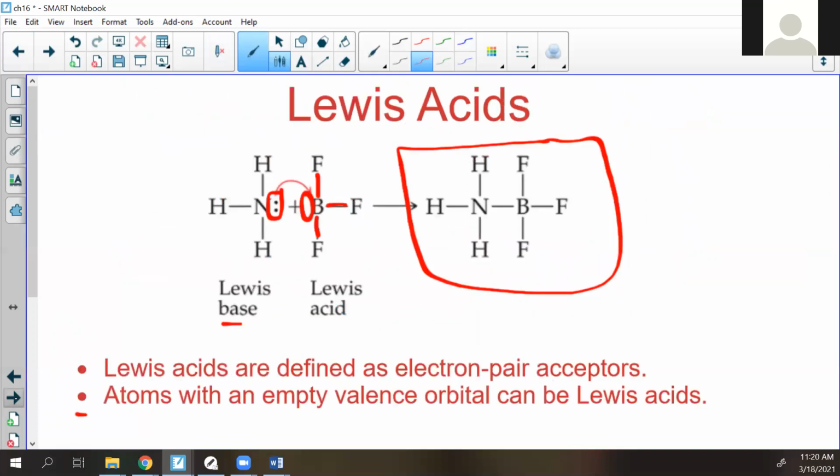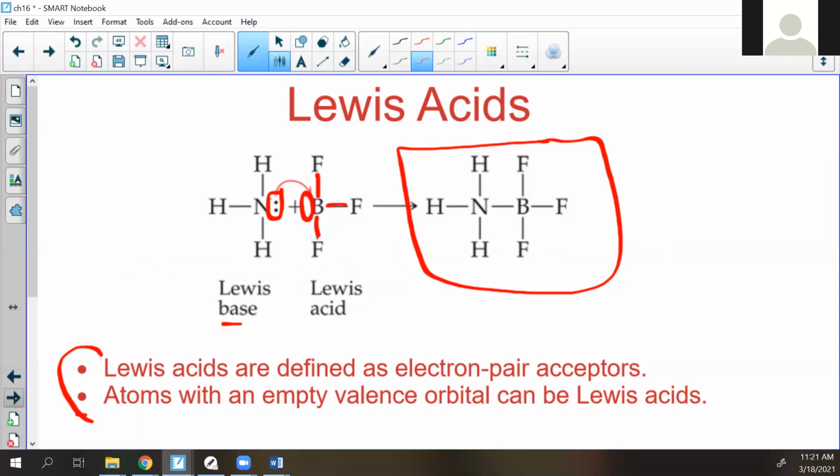Okay, this is the last thing. A Lewis acid and a Lewis base, they're not that bad. Lewis acids are defined as electron pair acceptors. So we had Bronsted-Lowry. What was the other one? Arrhenius, thank you. And now we have Lewis. It doesn't really matter though. The only thing we switch is that Lewis acids are defined as electron pair acceptors.